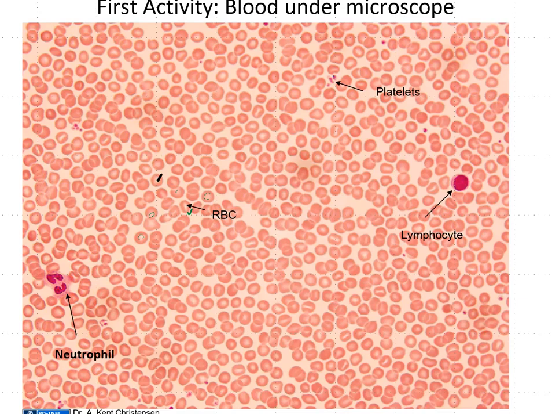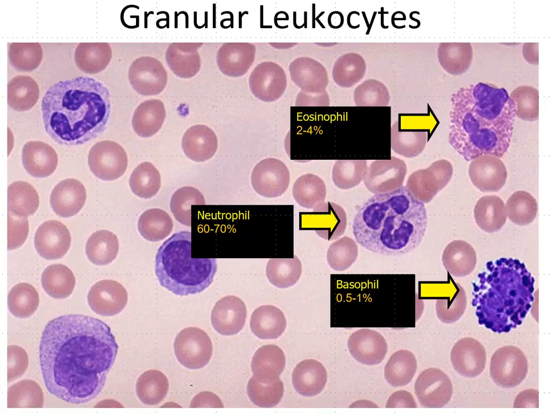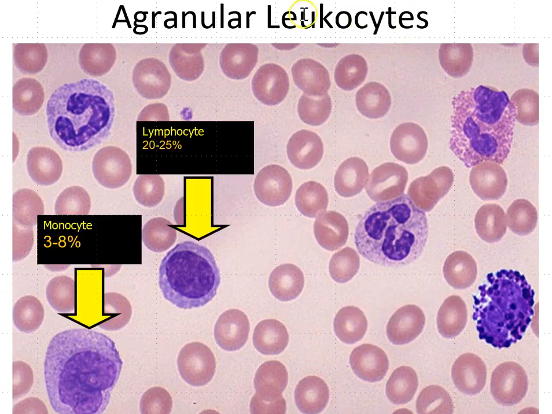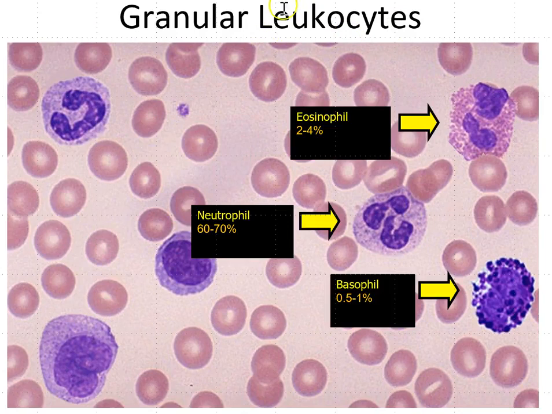The leukocytes with granular cytoplasm are called granulocytes, and the leukocytes without cytoplasmic granules are called agranulocytes. So we can divide leukocytes into 2 categories: granular leukocytes and agranular leukocytes. The granular leukocytes are eosinophil, neutrophil, and basophil.